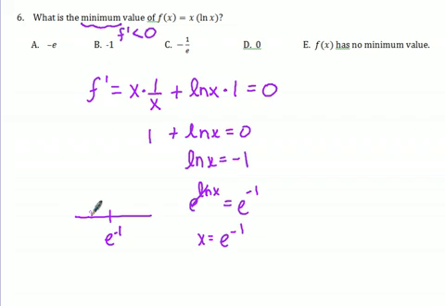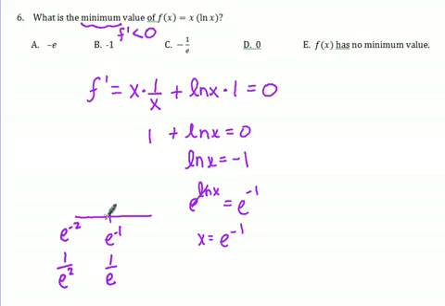If I pick a number that's smaller than e to the -1, such as e to the -2, if you think about this, e to the -1 is 1 over e. And so if I choose the value e to the -2, that would be 1 over e squared. My denominator is bigger, which means this fraction is smaller.